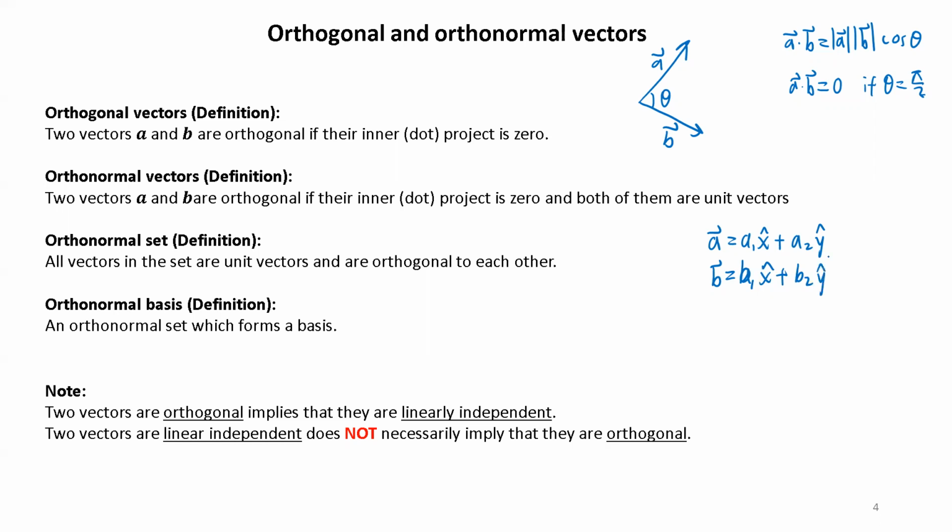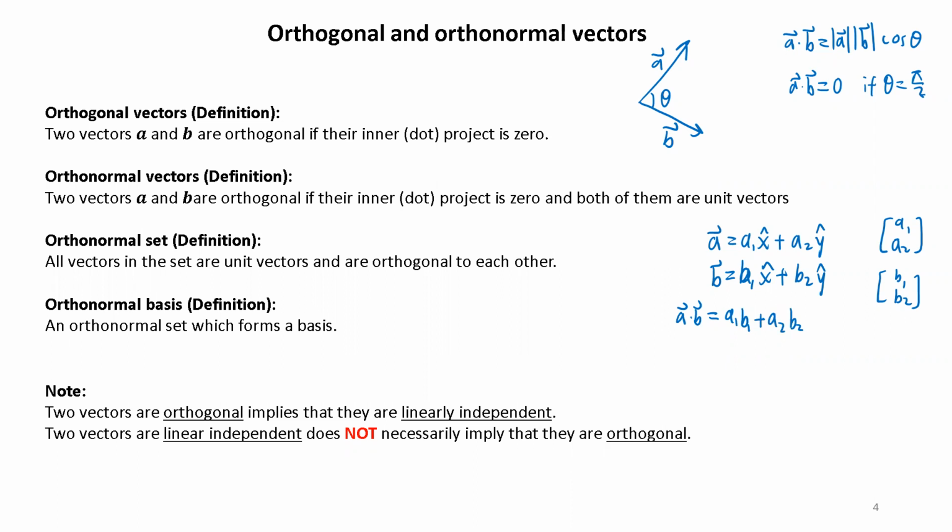In the column vector notation, I'll write A as A1, A2, and I'll write B as B1, B2. And remember, if I use this x hat and y hat basis, taking the dot product is very simple: A dot B is just A1 B1 plus A2 B2.